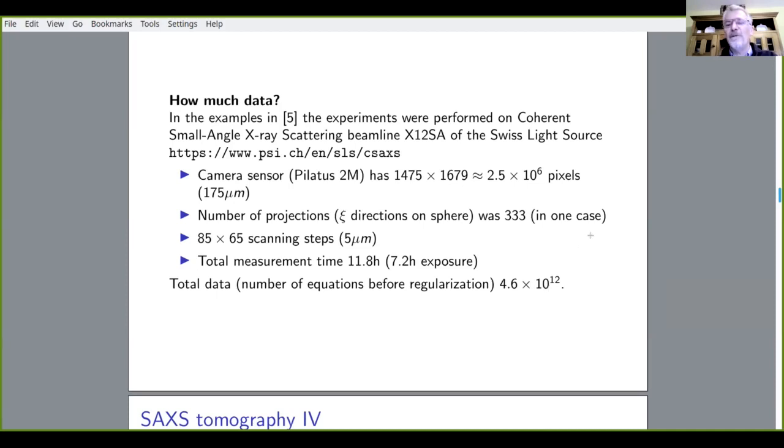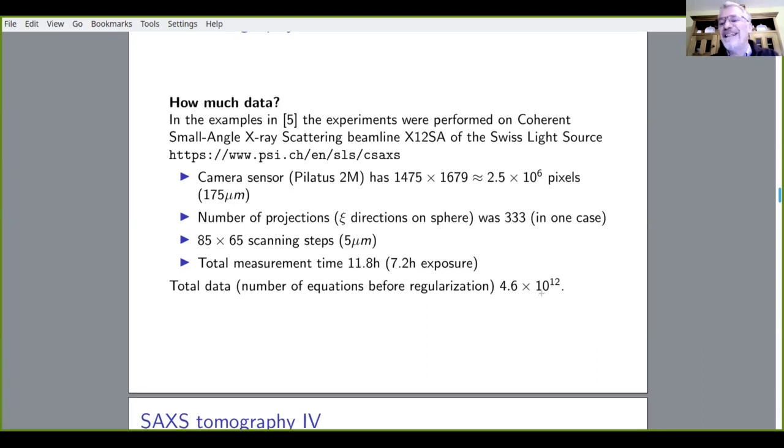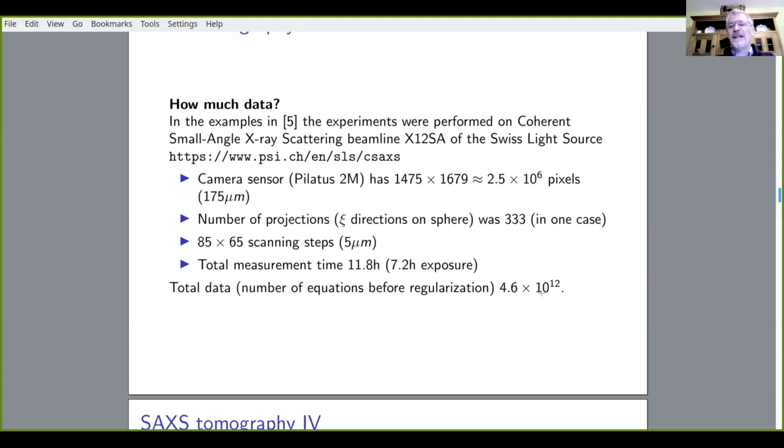And typically you probably want to reduce the camera sensor data, which is the inner variable in the loop, right? If you could reduce that as you store it, that would probably be the right thing. But in principle, we're solving a system of 4×10^12 linear equations plus some regularization. So it is pretty big scale data.